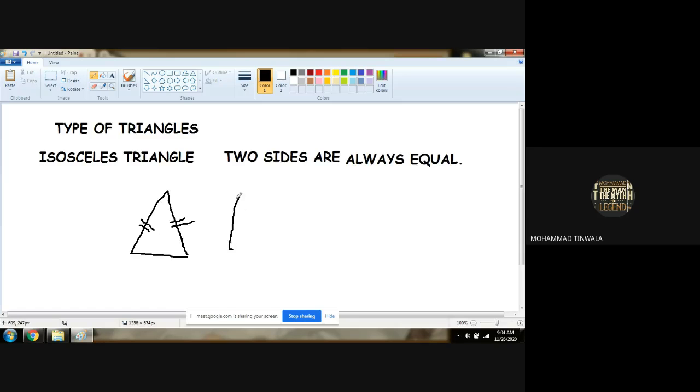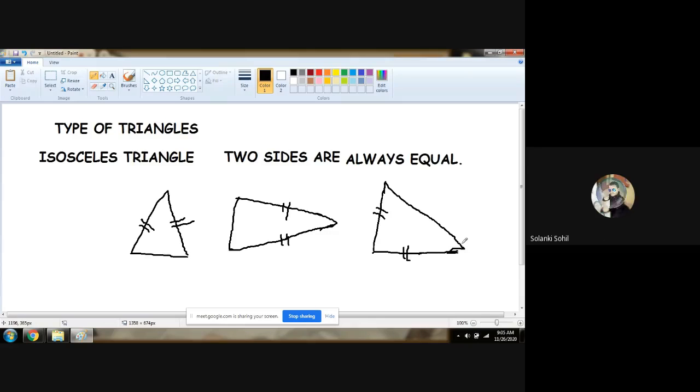It can be these two sides equal, this side and this side, then this side will be unequal. And it might happen that this and this will be equal, and the third side will be unequal. Understood the content, girls? Yes, sir. Any doubt with this topic?